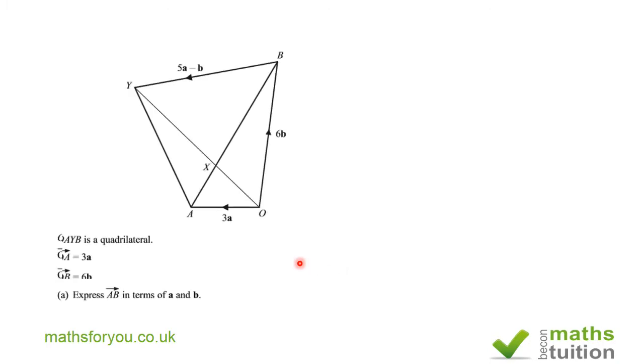So for the first part of the question, it says express vector AB in terms of a and b. Now what we need to do is to go from A to B, we need to go from A to O and from O to B. And because we are going against the grain, from A to O instead of O to A, A to O has got to be minus 3a.